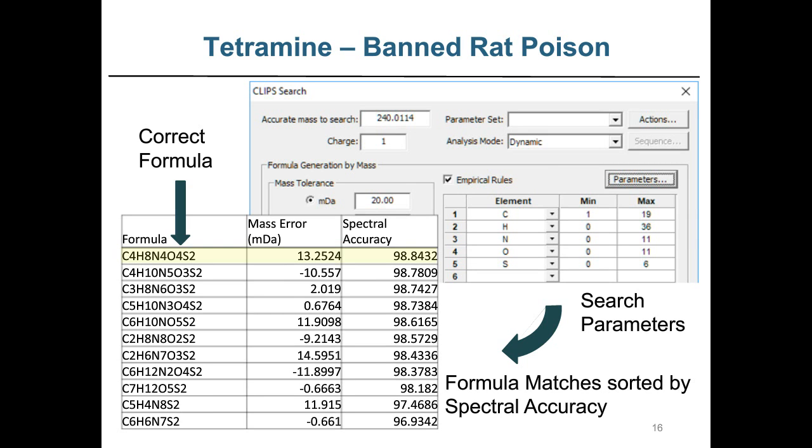And this is where there's usually a long process of trying to understand and looking at orthogonal techniques to help us evaluate it. Well, one of the orthogonal techniques that we can use, as we've mentioned, is the spectral accuracy. So if you see the column in the list there on the right, it says spectral accuracy.